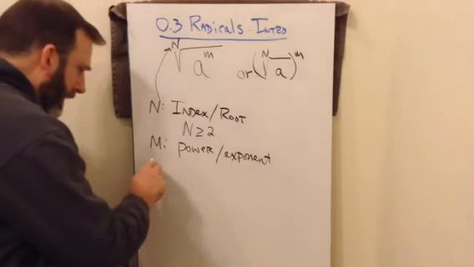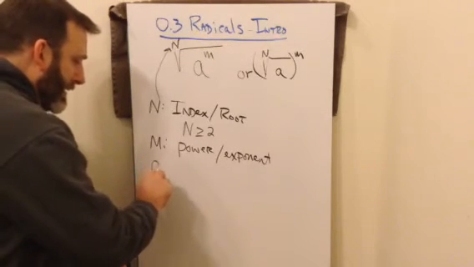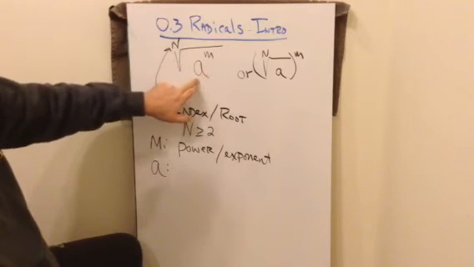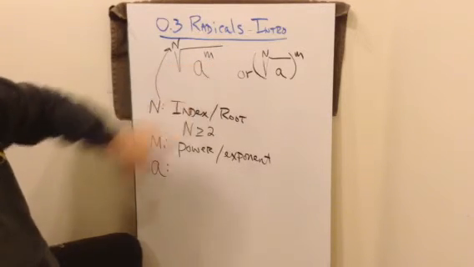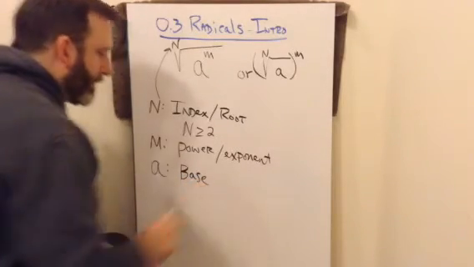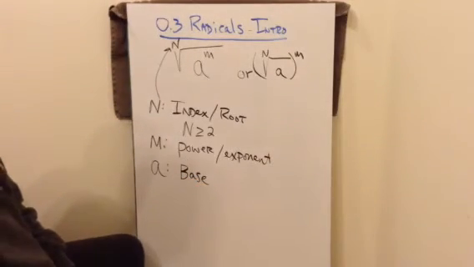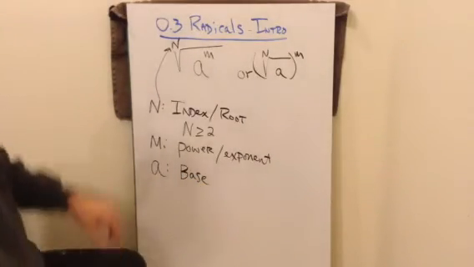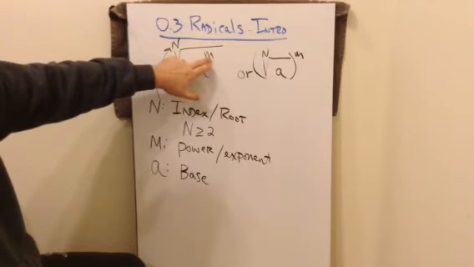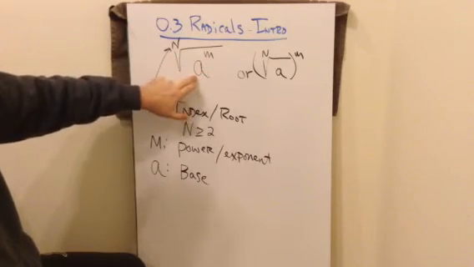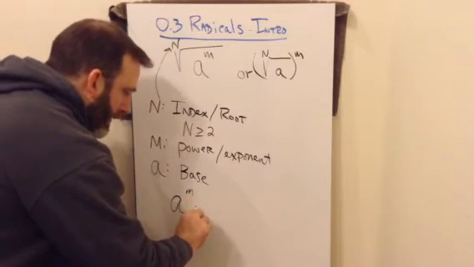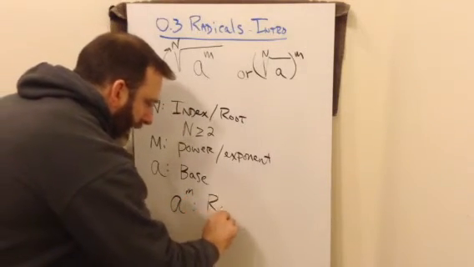Okay. The a, then, in relation to where the power or exponent is, is the base. So we have n is the index or root, m is the power or the exponent, and a is the base. The a to the m in this is called the radicand.